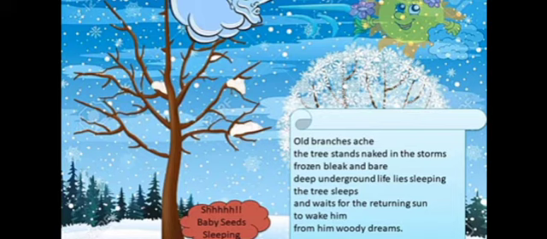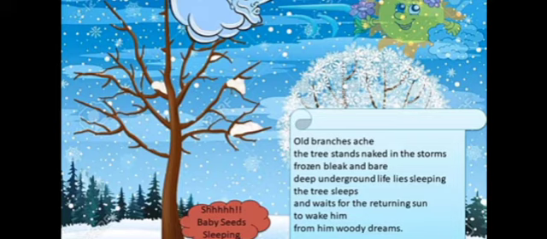It is waiting for the spring to wake him. It is waiting for the first sun rays to wake him up from his woody dreams.